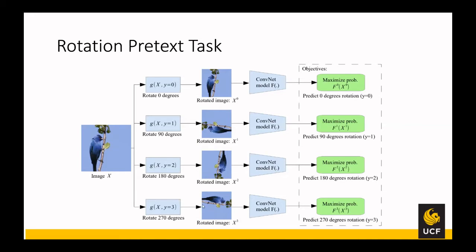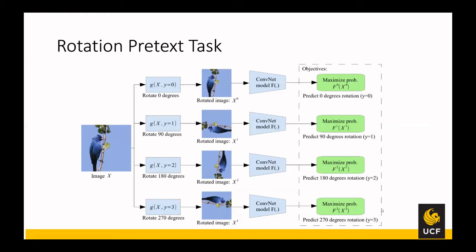And for training, the labels 0, 1, 2, and 3 are used for the different amounts of rotation. So the transformed image is passed through the network, and the amount of the rotation is used as the training label. And the network creates image representations that are used to predict the amount of rotation for that image.